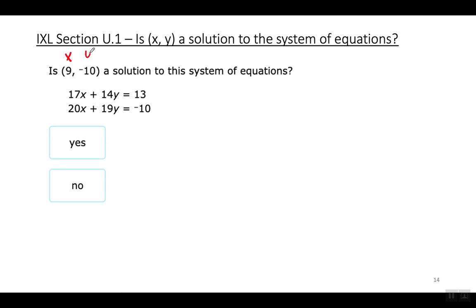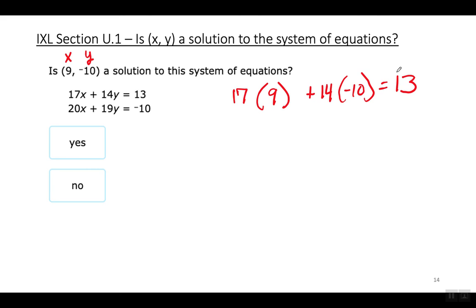Okay, so next example, I'm going to substitute 9 for x and -10 for y, which is going to give me on the top 17 times 9 plus 14 times -10 equals 13. All right. When you get bigger numbers like this, it's fine to use a calculator.